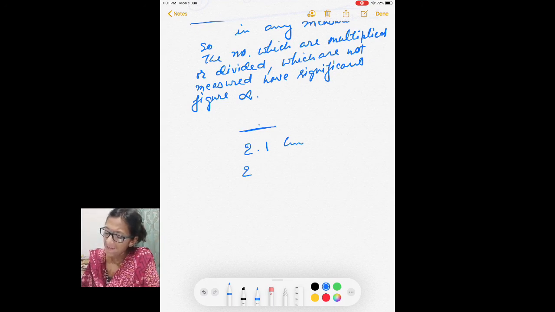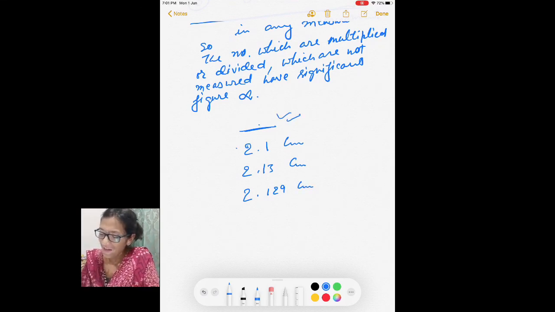The same length is measured by some other person, and the result given is 2.13 centimeter. Some other person has given the result 2.129 centimeter. So the same length is measured by 3 different devices.